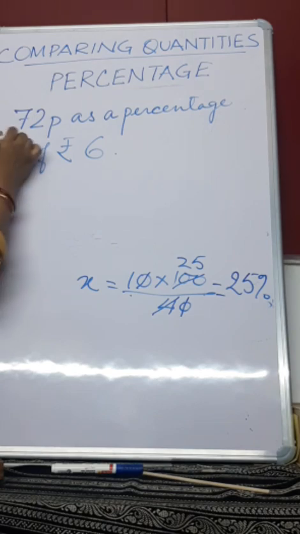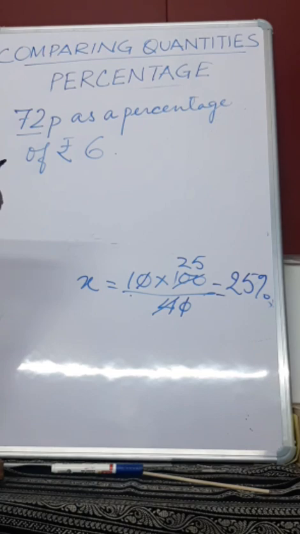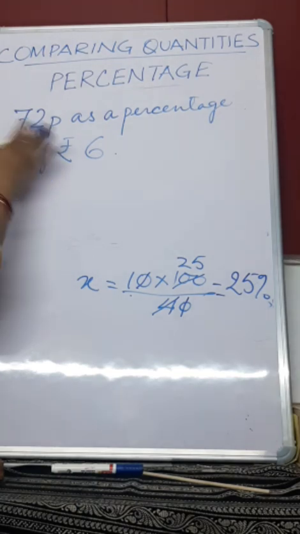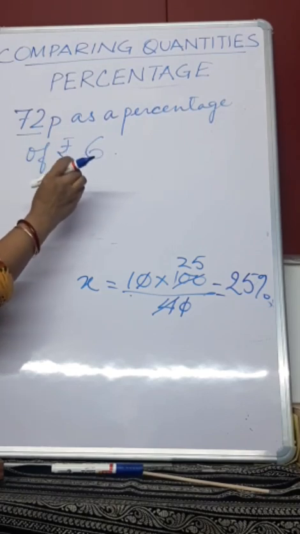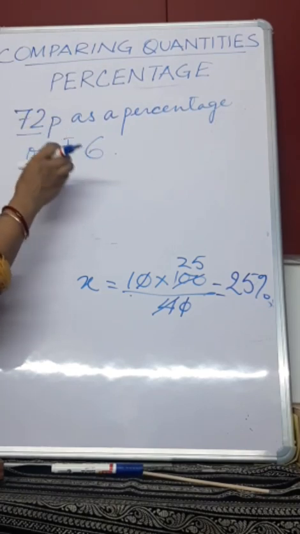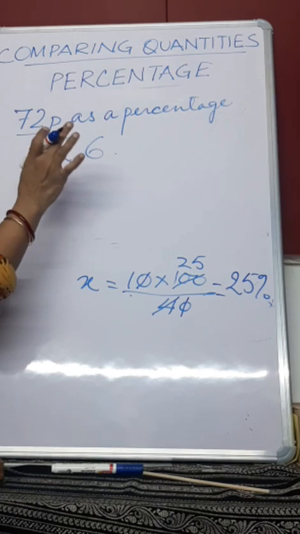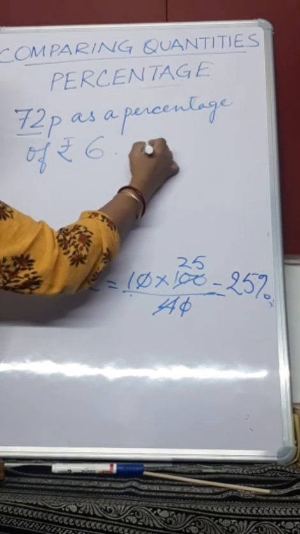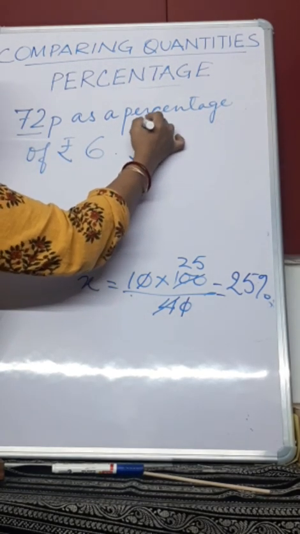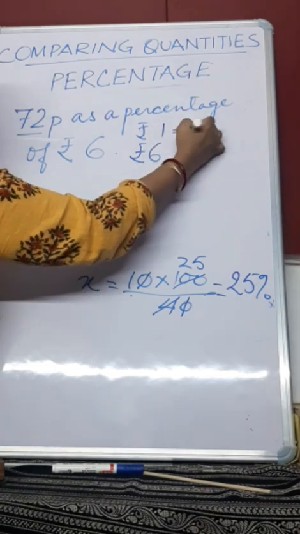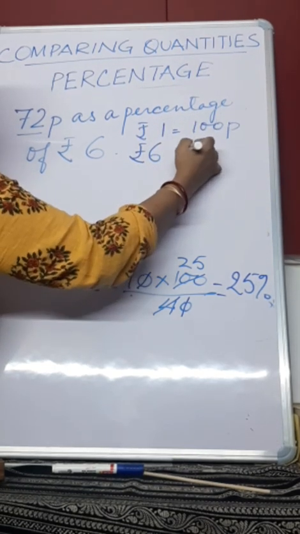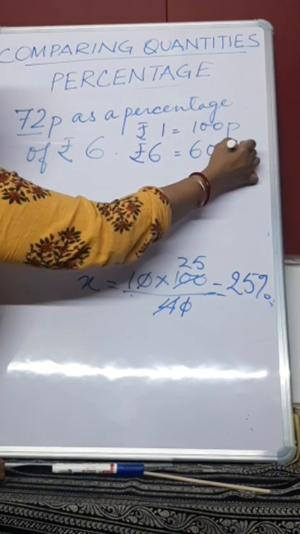So here it is paisa. Whenever we are dividing or finding ratio, what we do is change the units into the same one. So we will change rupees 6. Rupee 1 is equal to 100 paisa. Rupees 6 is equal to 600 paisa.